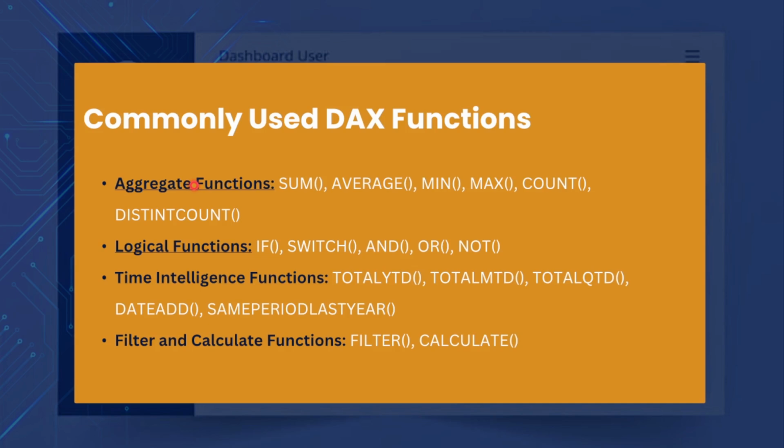Say you want to calculate the average salaries of only male. That means you are filtering out only male and calculating the average salary. So you have average salaries and then you filter by male. That's when you use the calculate function.